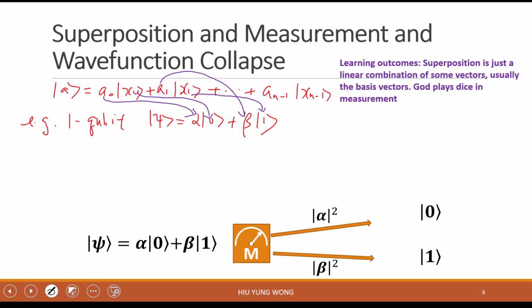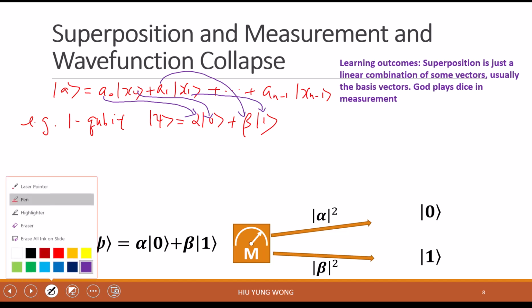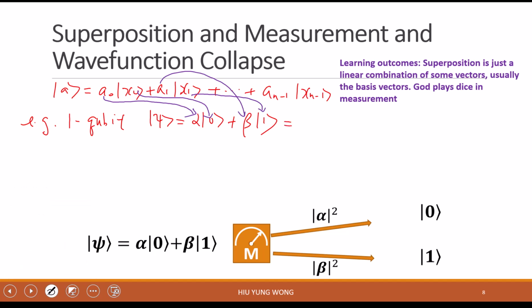Actually I want to write this more like what I just said. This can be alpha up plus beta down. I can also write it in column form. What would that be if it is in column form? Alpha, beta. Thank you.